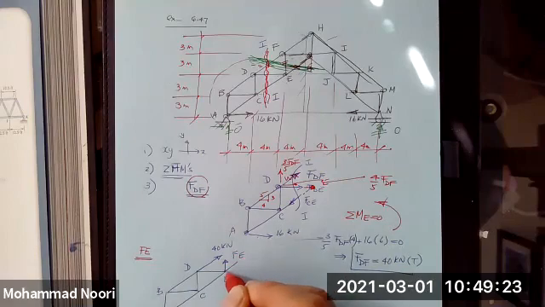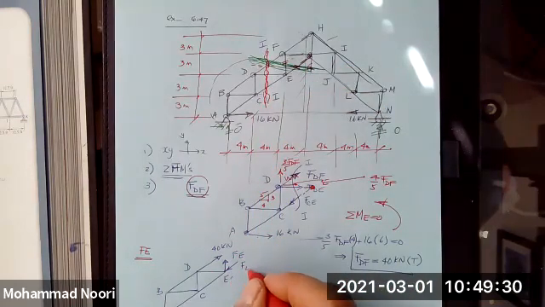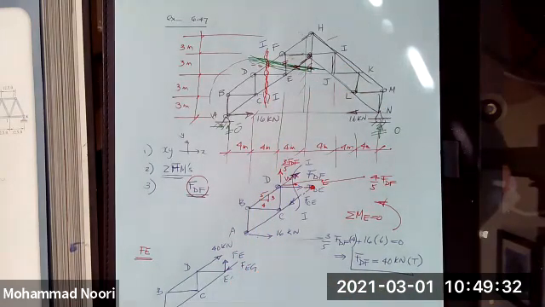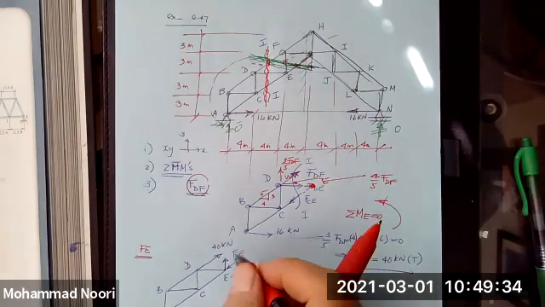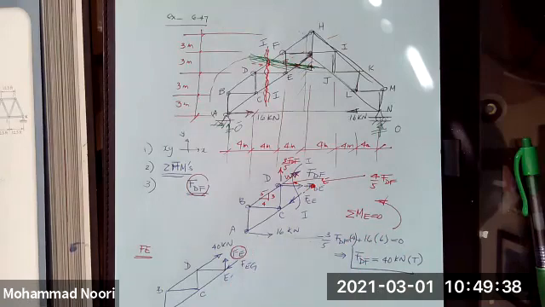And then let's say this one is a force of EG. So this is the force that I want to find. Again, I'm lazy. I don't want to go through solving for more unknowns than I need.